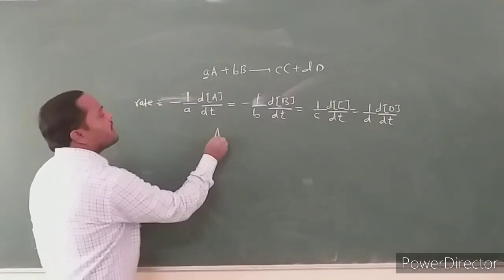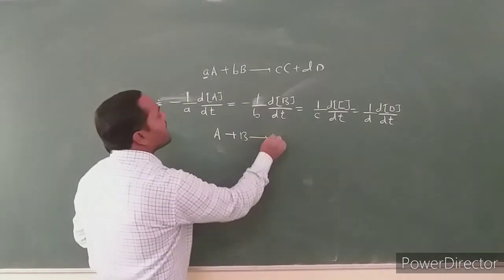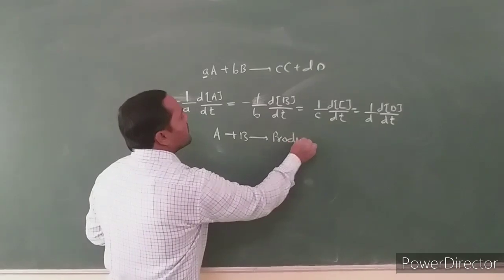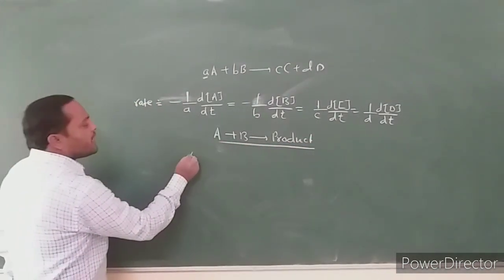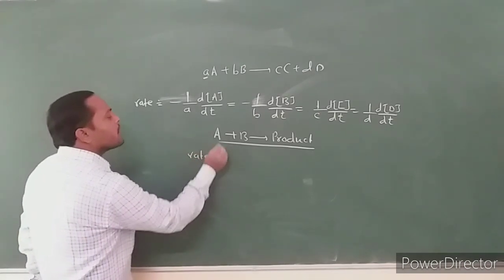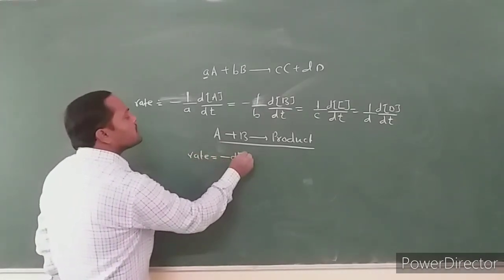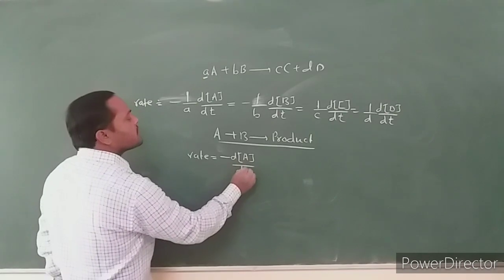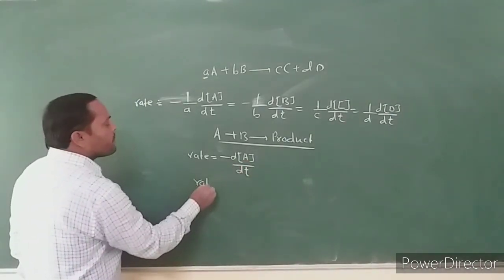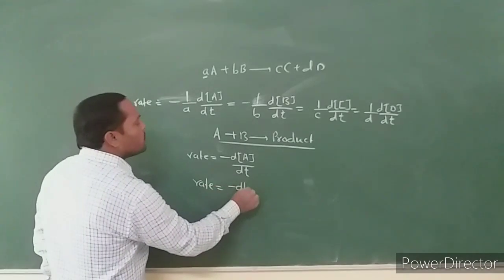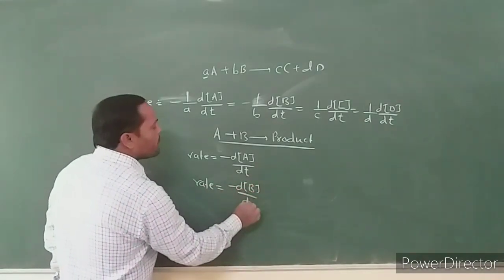For example, A and B react to produce a product. How to express the rate of reaction for this chemical reaction? The rate of reaction is expressed by the change in concentration of a reactant, generally a decrease, minus dA upon dt, or minus dB upon dt.